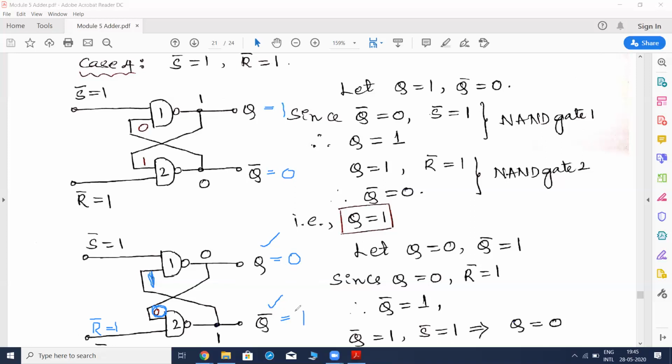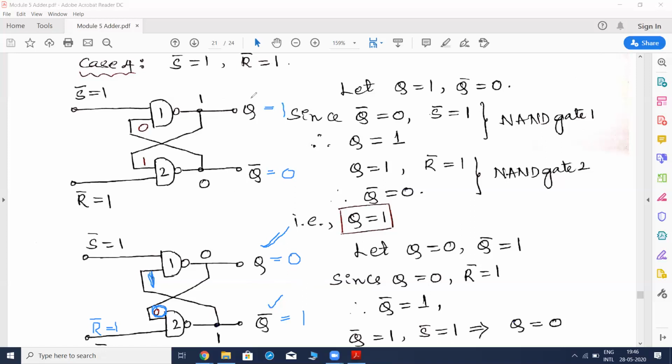That means Q bar is 1, and that appears over here. Both the inputs are 1, 1, thereby we will get the output as 0. That means after analysis, we are getting the same state. The latch retains its previous state. This is also known as the hold state, that is, the no change state.